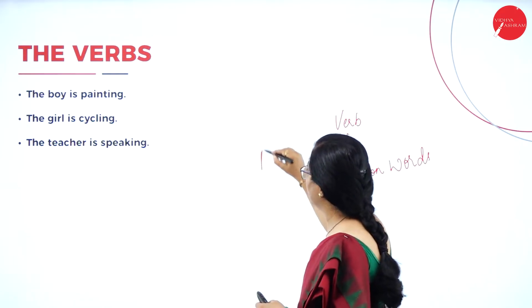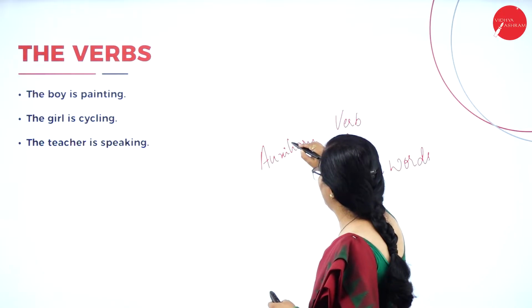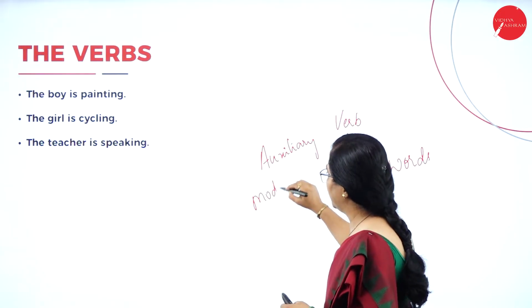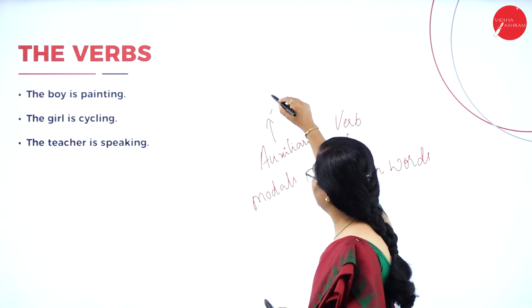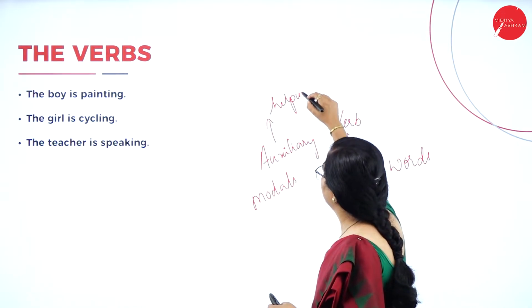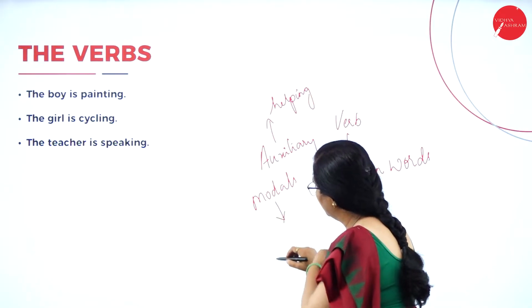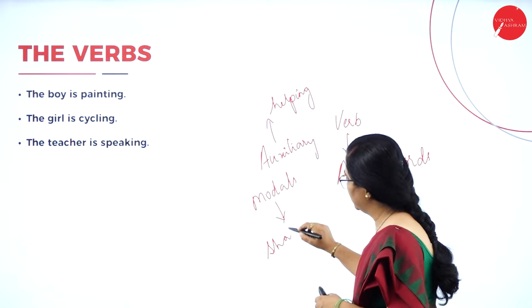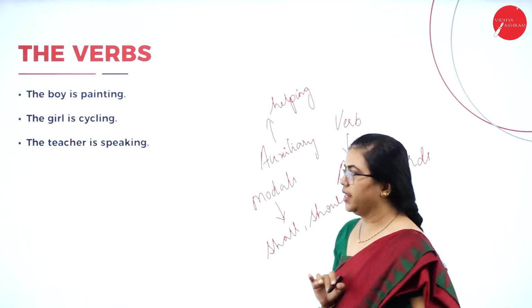There might also be modal auxiliaries, which are words like shall, should, all these.